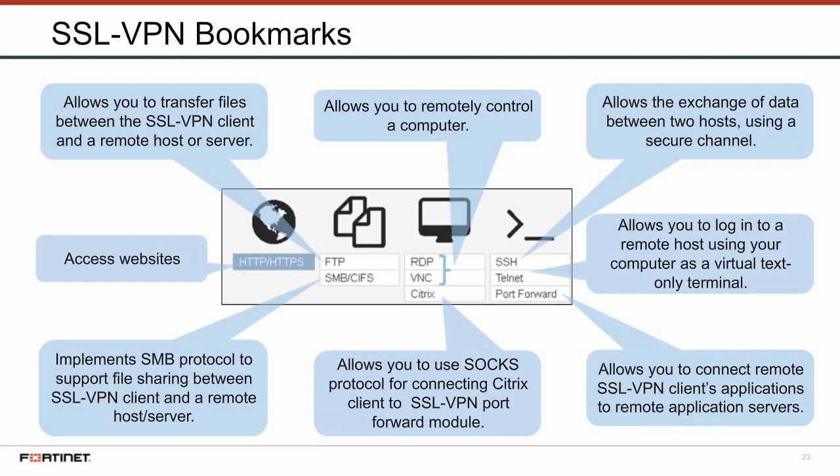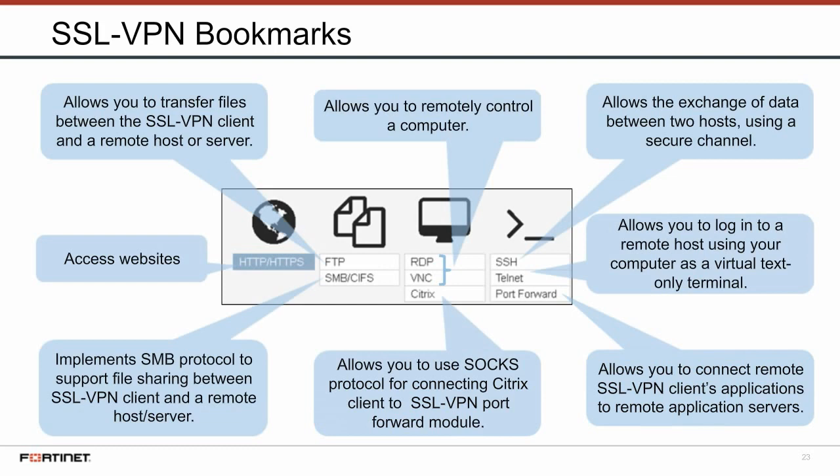Remote Desktop Protocol (RDP), similar to VNC, allows you to remotely control a computer running Microsoft Terminal services. 6. Secure Shell (SSH) allows the exchange of data between two hosts using a secure channel. 7. Teletype Network Emulation (Telnet) enables a virtual, text-only terminal in the SSL VPN to log into a remote host.